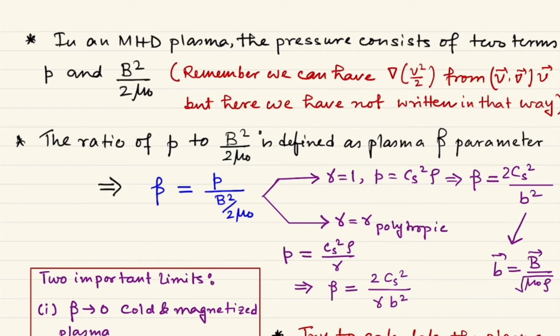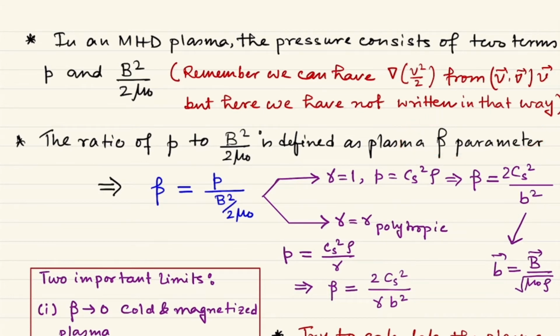Anyways, these two things can act together on the MHD fluid, and one can be greater than the other, or less than the other. They can have different types of interplay, according to the relative importance of one with respect to the other. And how to measure that? A quantitative measure is given by the so-called beta parameter of a plasma.